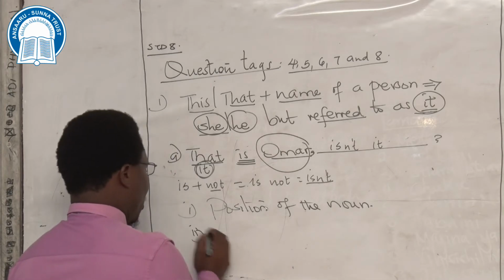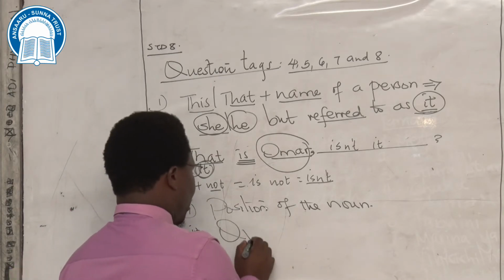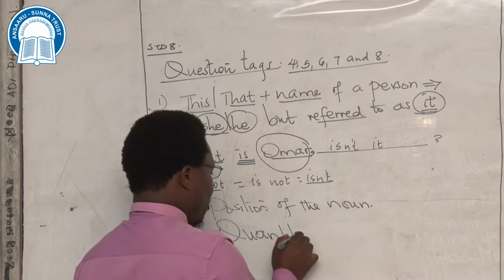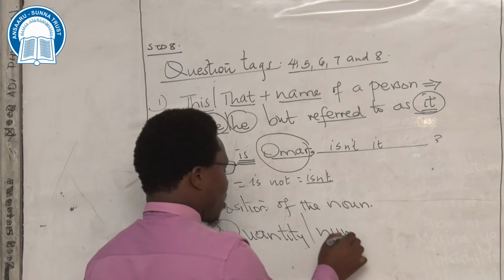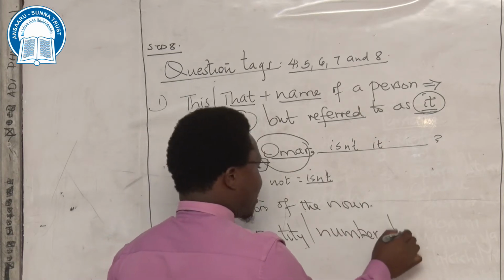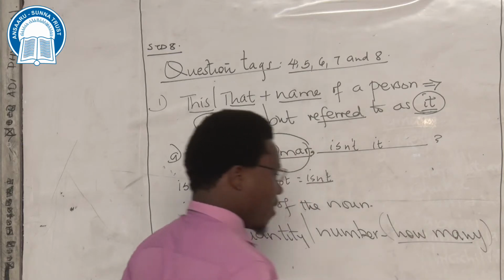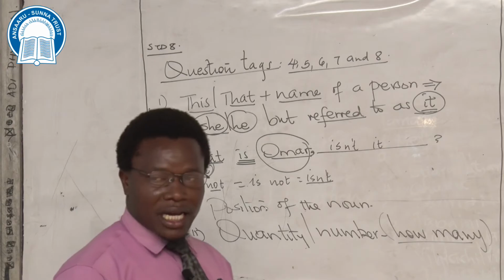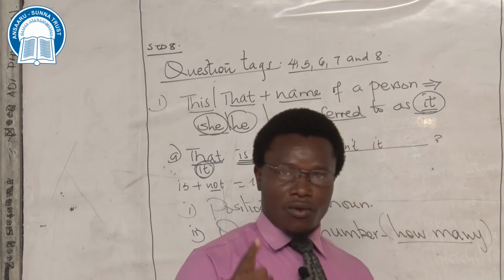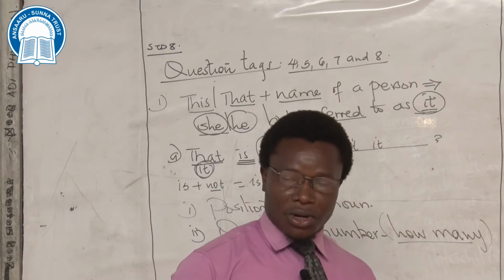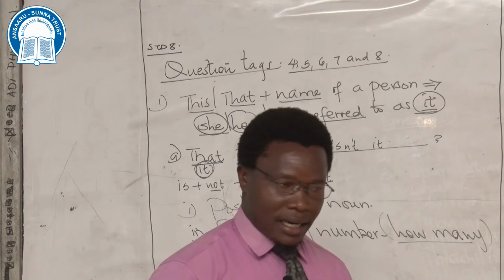And two, they are used to determine the quantity or number, answering the question of how many. That is, a noun can be treated as singular, one, or a plural, more than one.